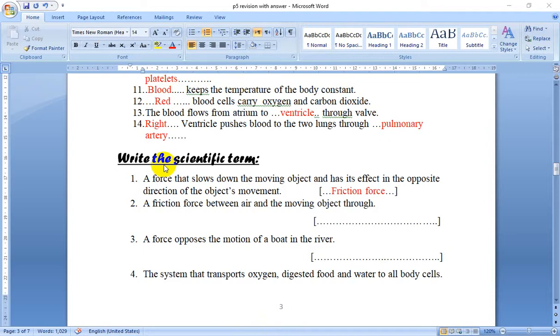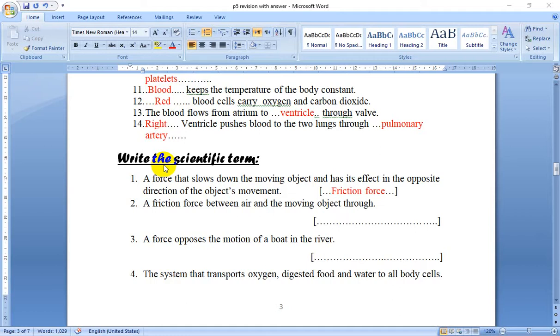But if the second question said a friction force between air and the moving object, the friction between air and moving object, we will not call it friction force, we will call it air resistance.